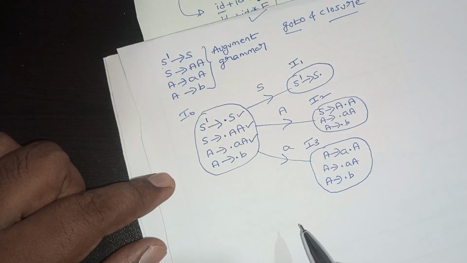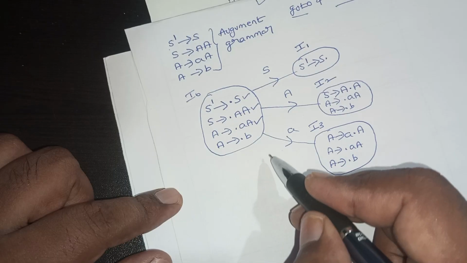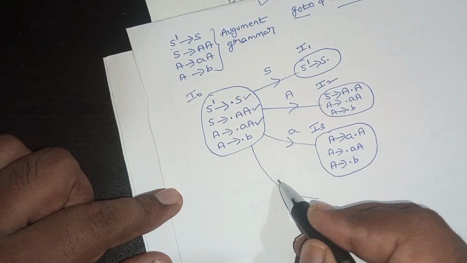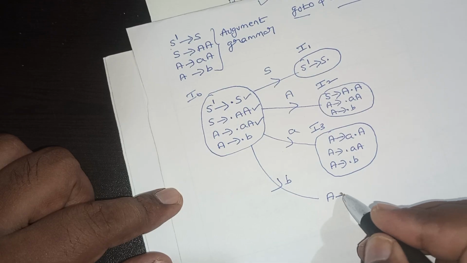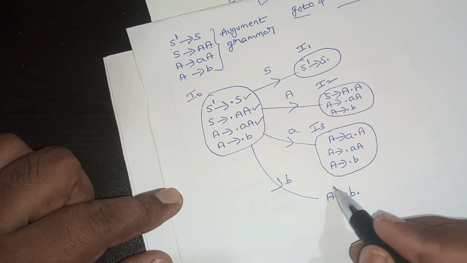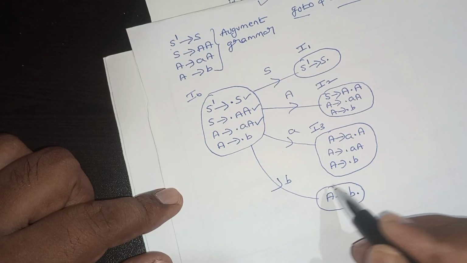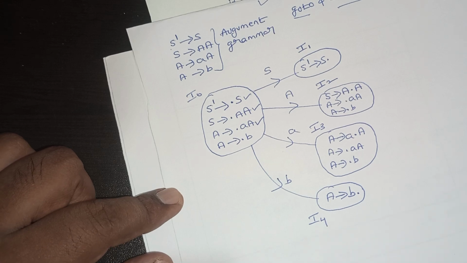This is also over. Now we have to perform the goto operation on b: A tends to b dot. This is I4.